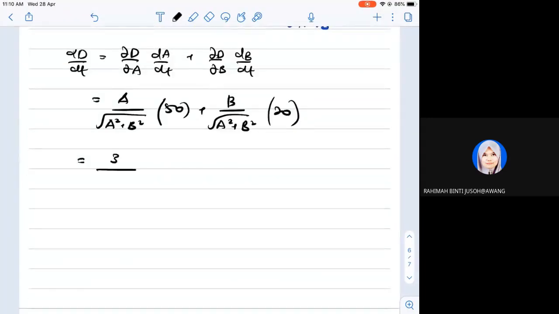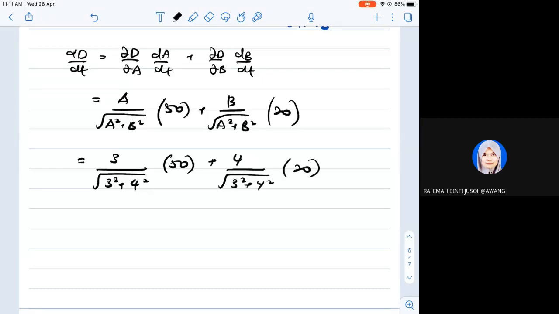So 3 over square root of 3 squared plus 4 squared times 50. B pula. B adalah 4. Okay, so this one 3 over 5, isn't it? Darab 50 tambah 4/5 darab 20.